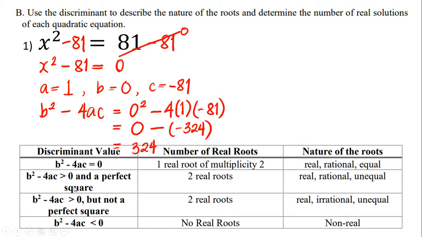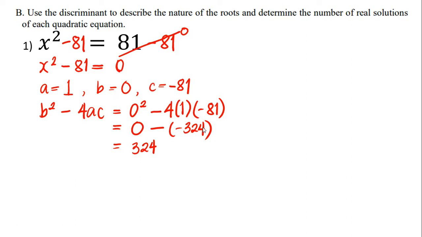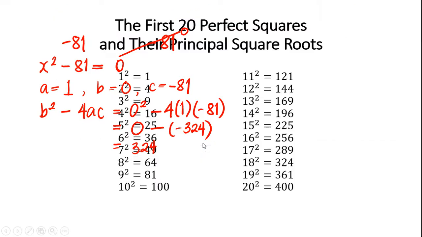Ang tanong na lang ngayon, is it a perfect square or not? Binigyan ko kayo ng copy ng mga perfect squares. First 20 perfect squares. Let's see kung makikita natin siya dito. We have 18 squared is equal to 324.